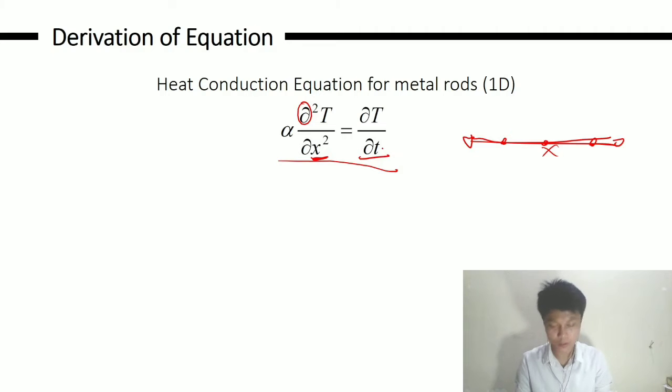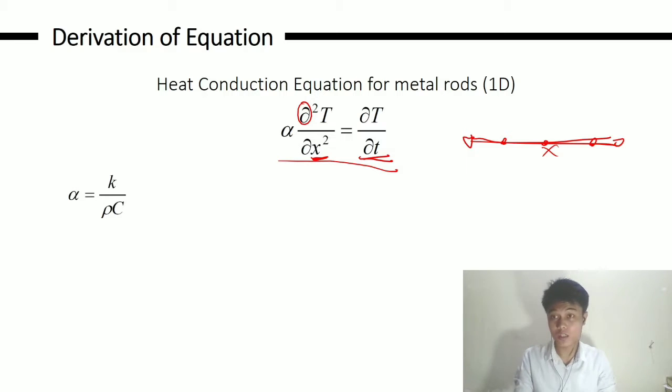So, on the right side of the equation, it's time. So, habang tumatagal, iinit ba siya or magiging cool. So, we're deriving this on the right side of the equation in terms of t. So, kaya siya partial differential equation. Kasi meron tayong dalawang variable na kailangan natin i-derive.